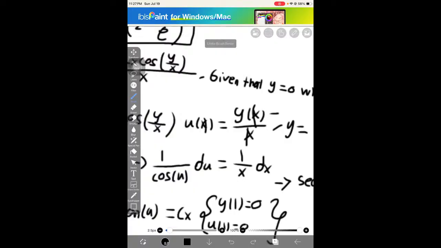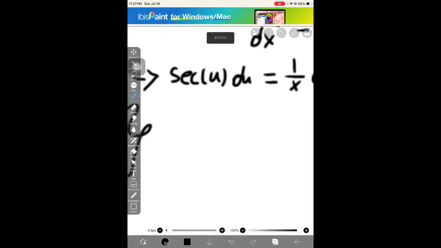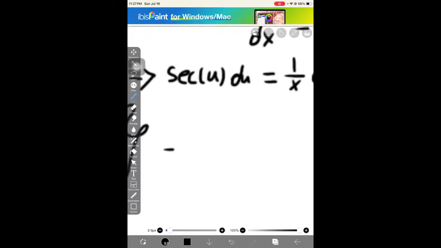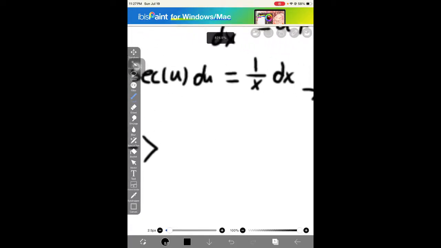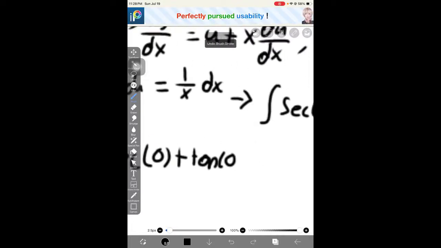Well, of course, 0 divided by any number except 0 is going to be 0. So using that initial condition, we have secant of 0 plus tangent of 0 equals 1.